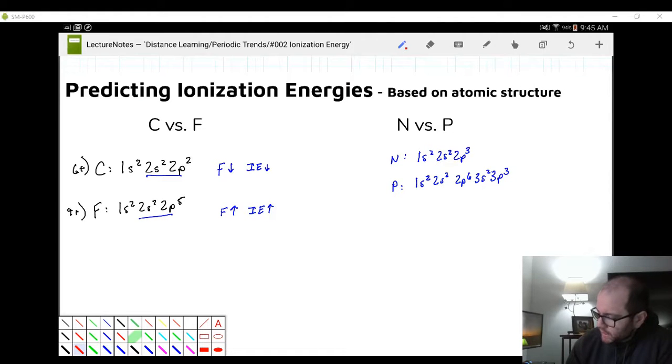And here we see that nitrogen has electrons across two energy levels, whereas phosphorus has them across three. So since there's a greater distance between the nucleus and those electrons for phosphorus, the force for nitrogen is going to be higher as those electrons are closer, and the force for phosphorus is going to be lower, leading to a lower ionization energy for phosphorus compared to nitrogen.